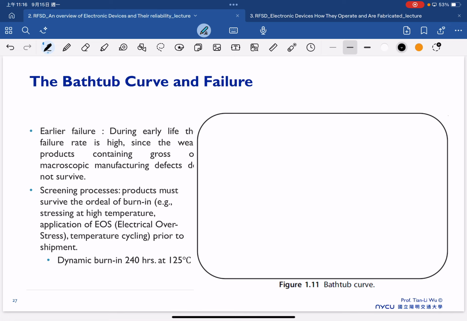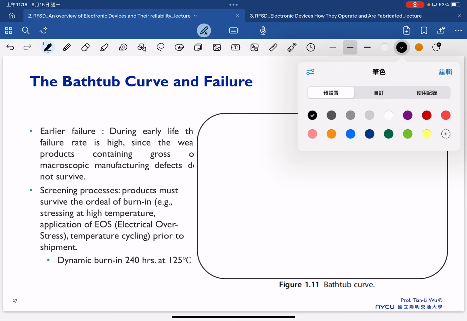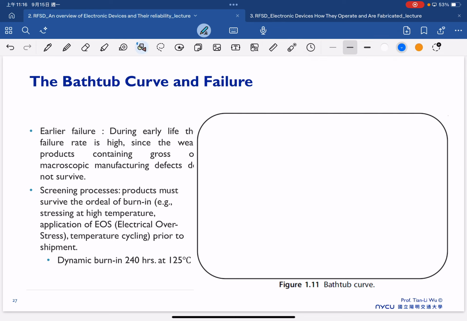So this bathtub curve is plotted with, for sure, the x-axis being the time, but now the y-axis, which is the failure rate.